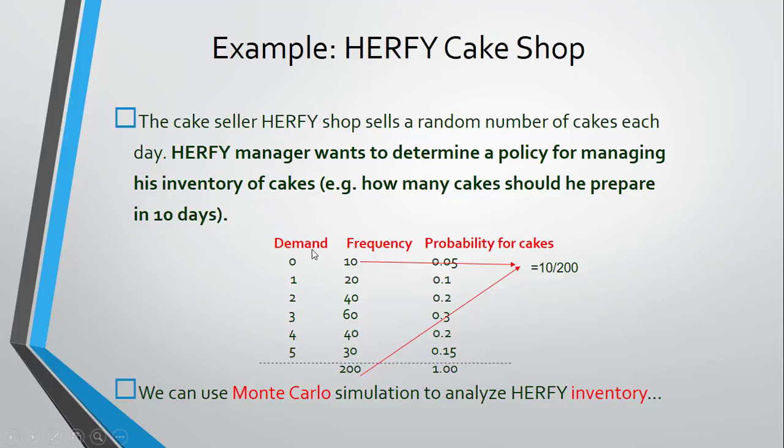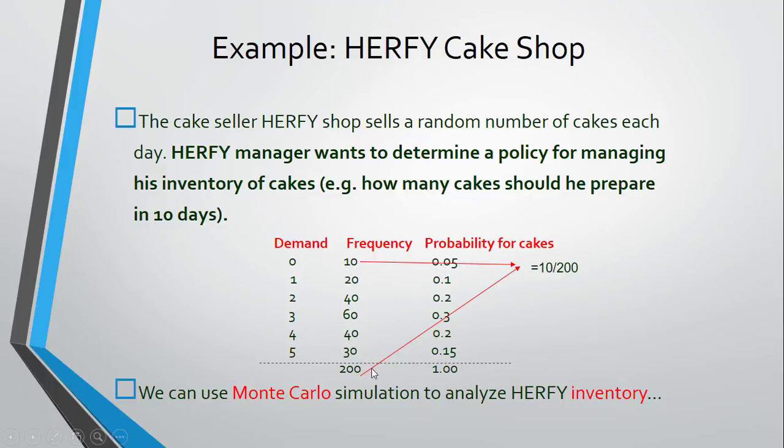So they calculated the chances of having 0 cakes sold. There are 10 of those days out of 200, so the probability is 0.05.